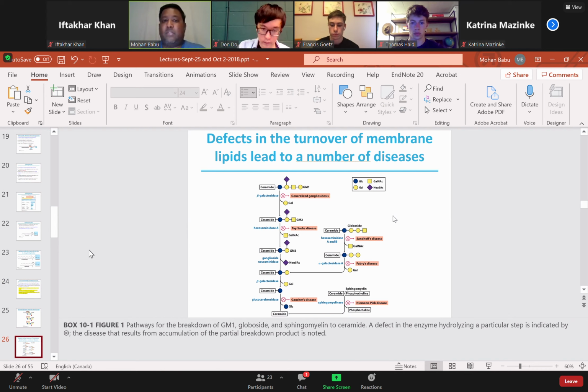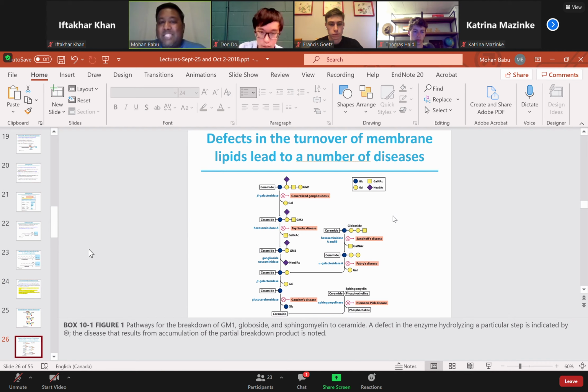Sterols have a steroid nucleus that is almost planar, and this is a chemical structure showing the steroid nucleus. The carbon atoms are all numbered.